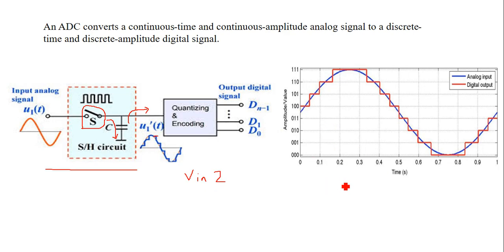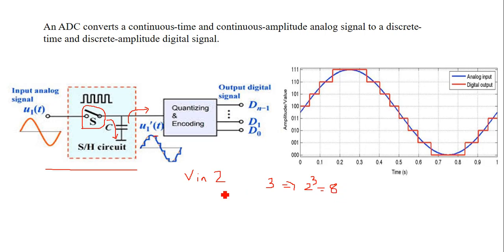The resolution of the ADC is 3 bit. That means how many levels it will break the signal into. This will break into 2 raised to 3, that means it is equal to 8.